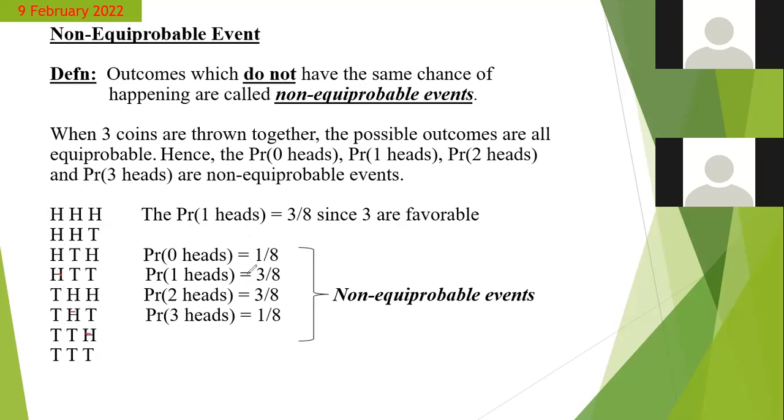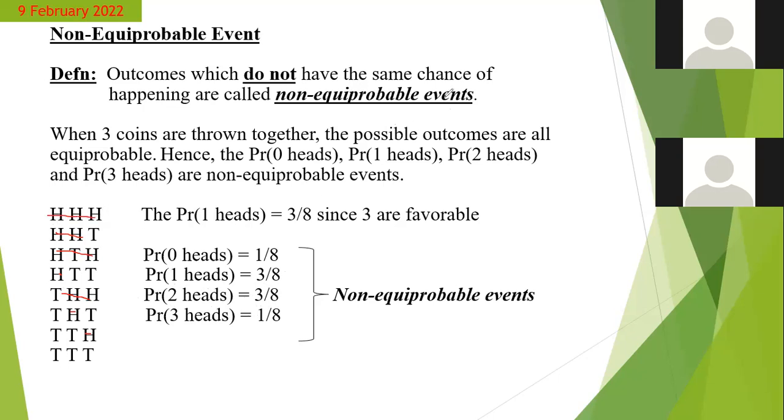So you only have 3 favorable chances of getting 1 head. How many favorable chances of getting 2 heads? You have this chance, this chance, and this chance. So you only have 3 favorable chances of getting 2 heads. And in terms of getting 3 heads, you only have 1 favorable chance.